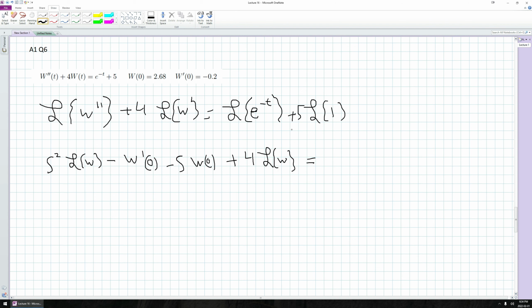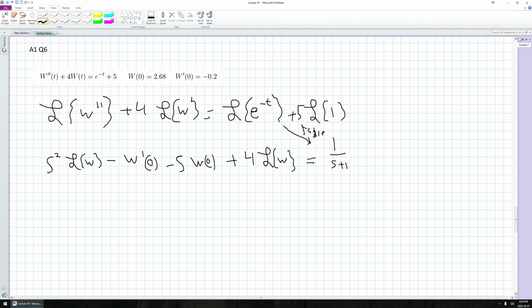This is equal to, well, what's the Laplace transform of e^(-t)? If you go to the tables, it would be 1 over s plus 1. And here, just tell me table.